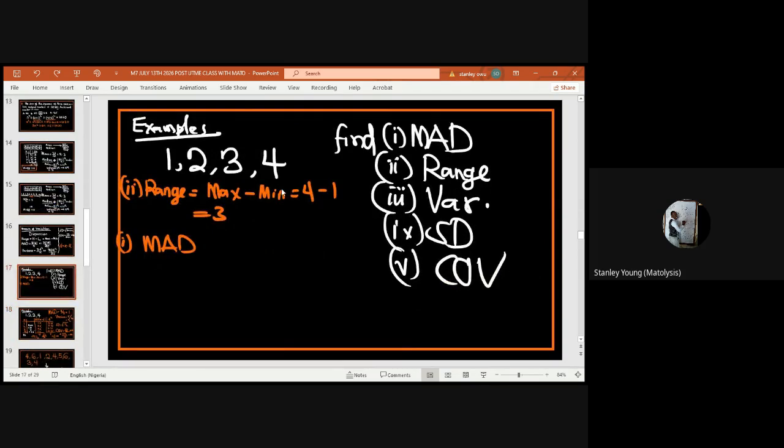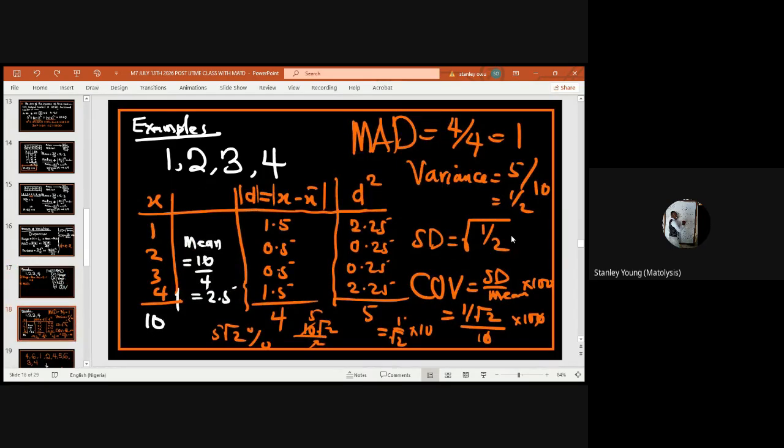I give an example here where we calculated the mean, the range. The range is maximum minus minimum, which is 4 minus 1, and that gives us 3. The question wants you to find MAD, range, variance, standard deviation, and coefficient of variation.